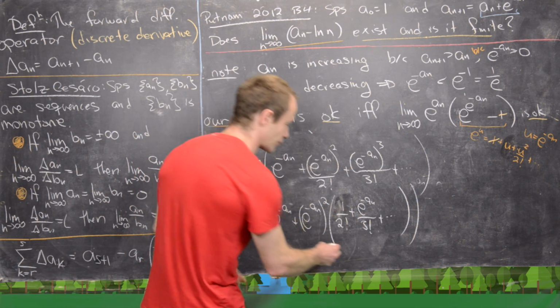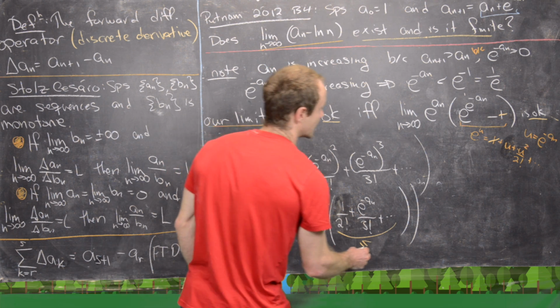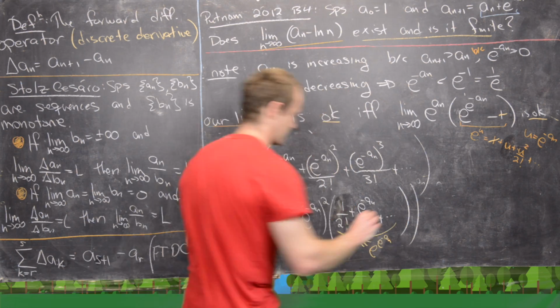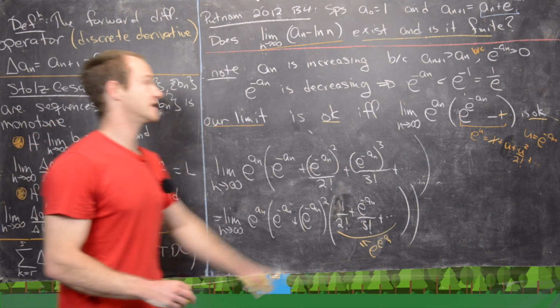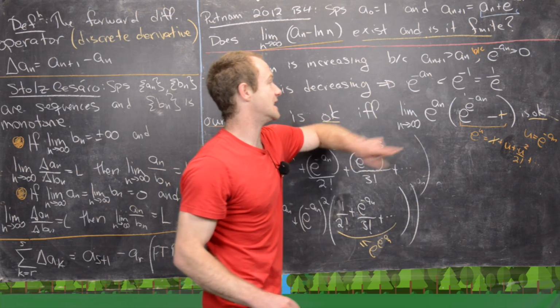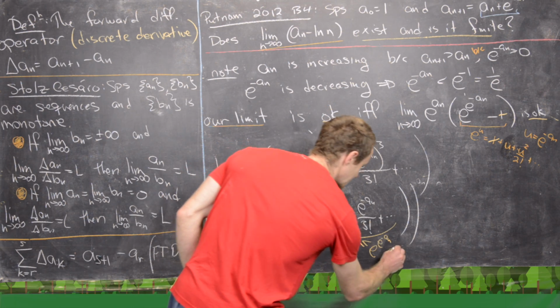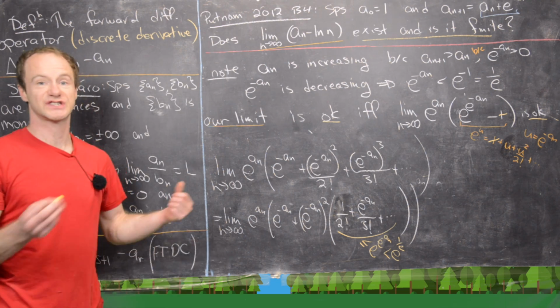So, just to reiterate, all of this right here is going to be less than or equal to e to the minus a_n. Great. But another thing that we can notice is that e to the minus a_n is less than 1 over e. So this whole thing is less than e to the 1 over e, which is just a constant.